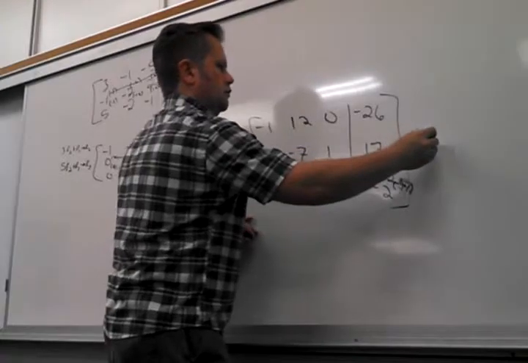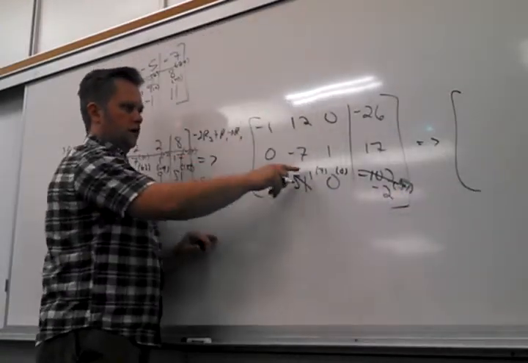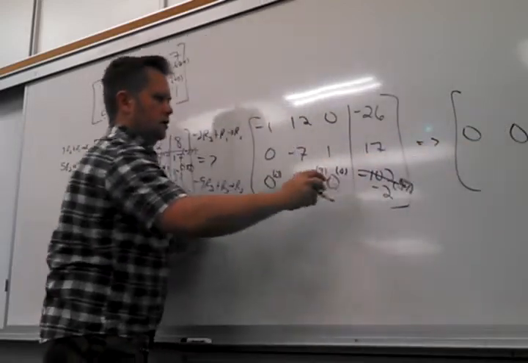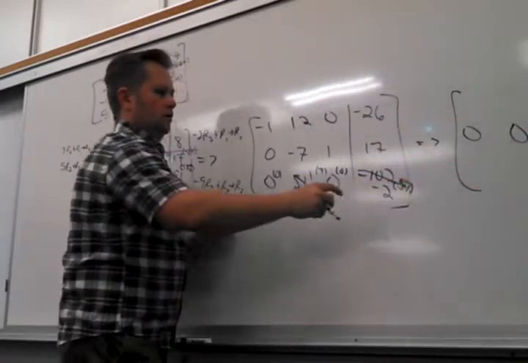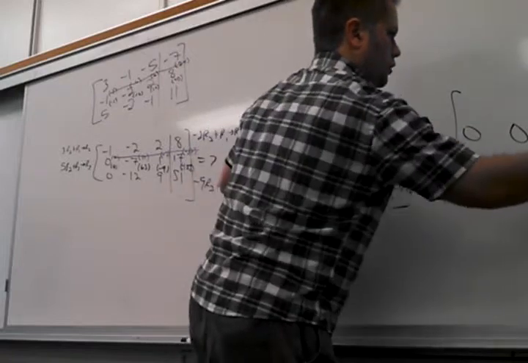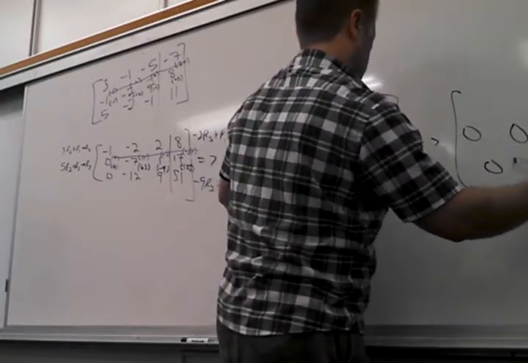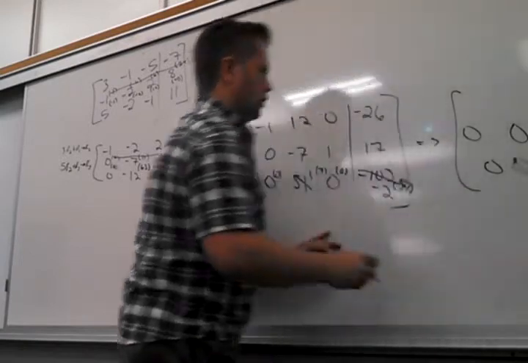So if I add that to the second row, 0 and 0 is 0, 7 minus 7 is 0, 0, 1, 1, negative 14 plus 17 is 3. Where's that? 0. All right.